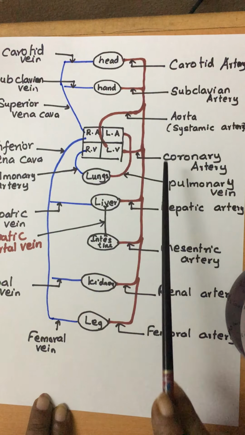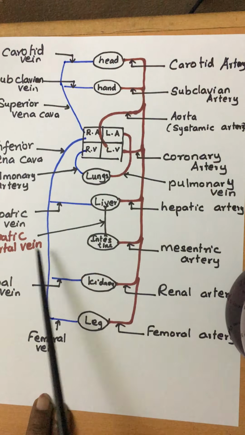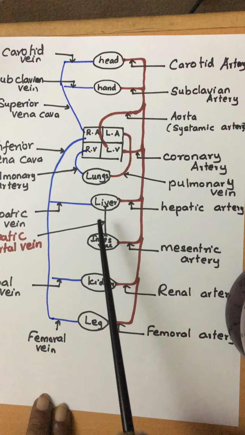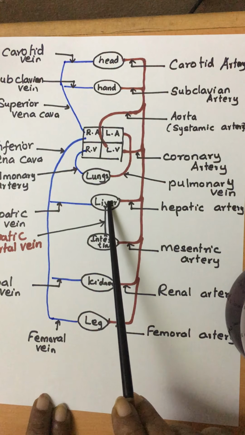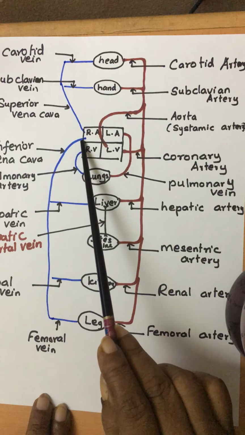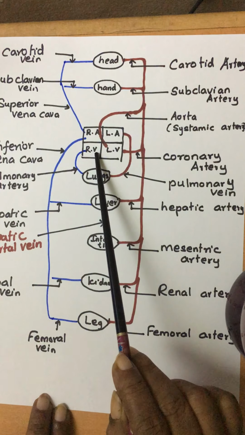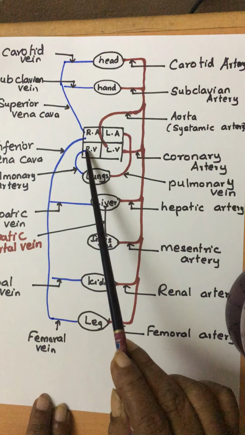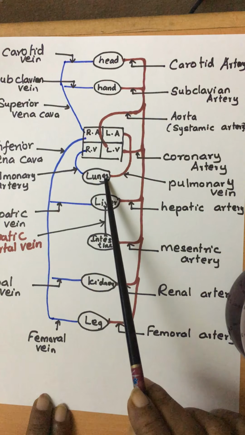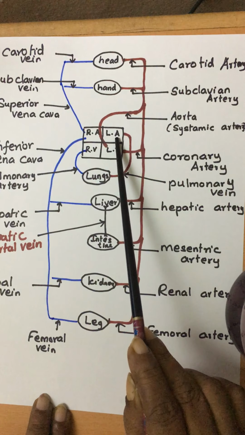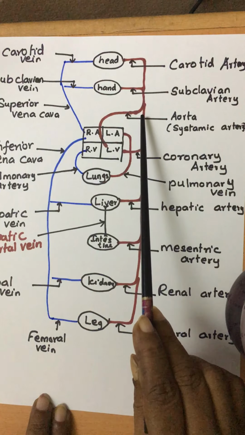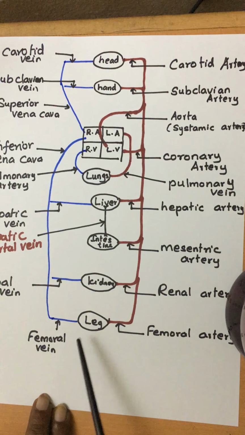The blood always circulates this way. So: intestine, hepatic portal vein, liver, hepatic vein, inferior vena cava, right atrium, right ventricle, then pulmonary artery, lungs, then pulmonary vein, left atrium, left ventricle, aorta, and like that it goes to a specific organ.